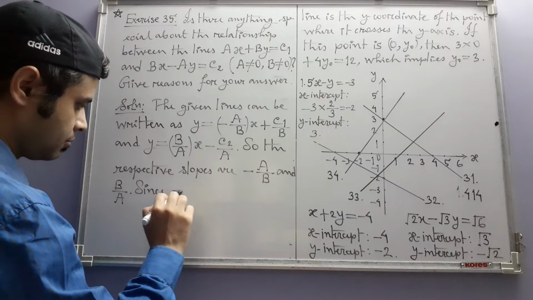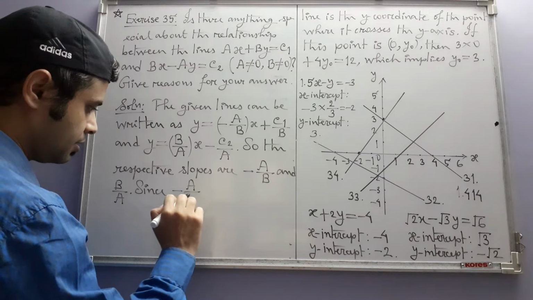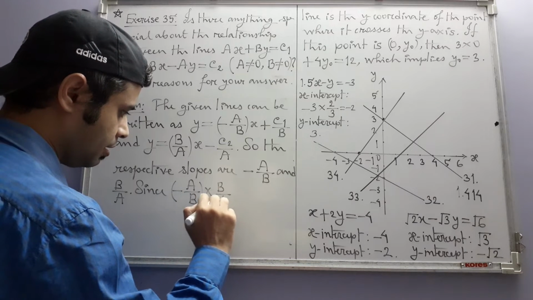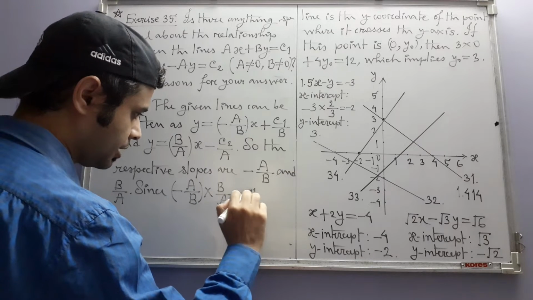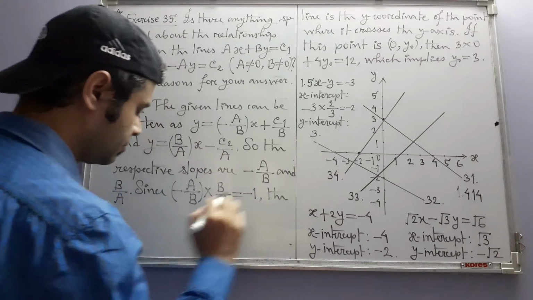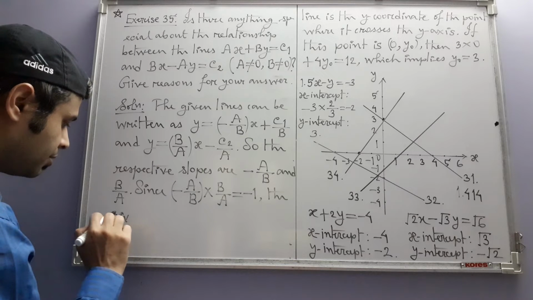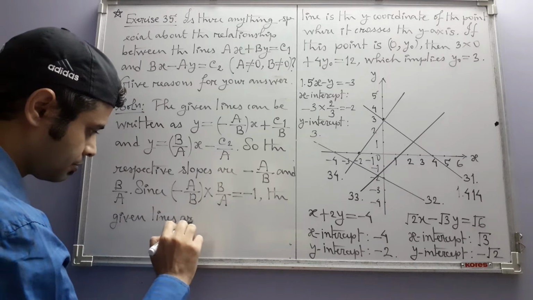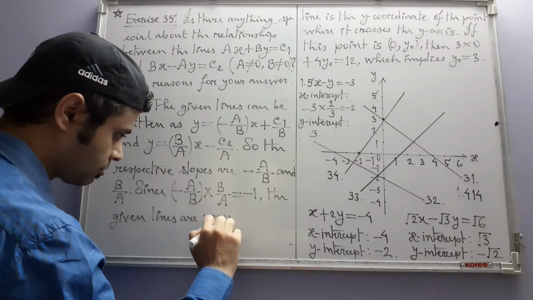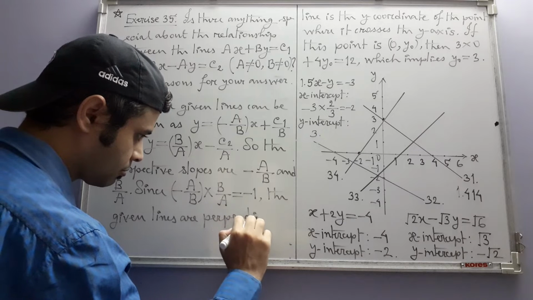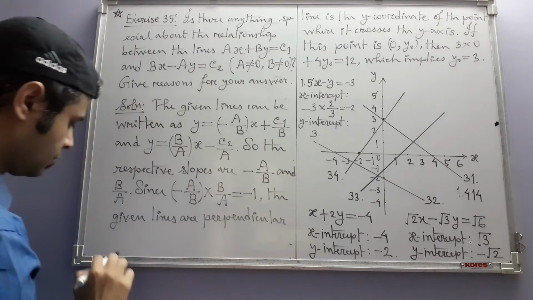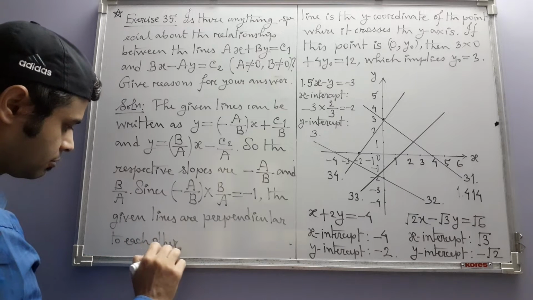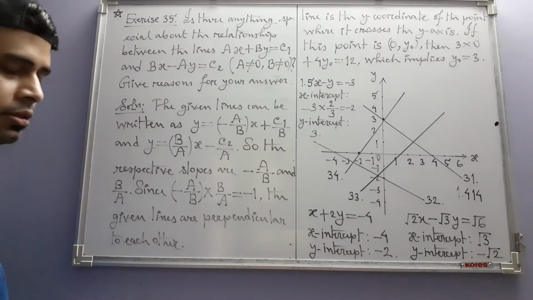Since minus a divided by b times b divided by a is equal to minus 1, the given lines are perpendicular to each other. That is the relationship between them.